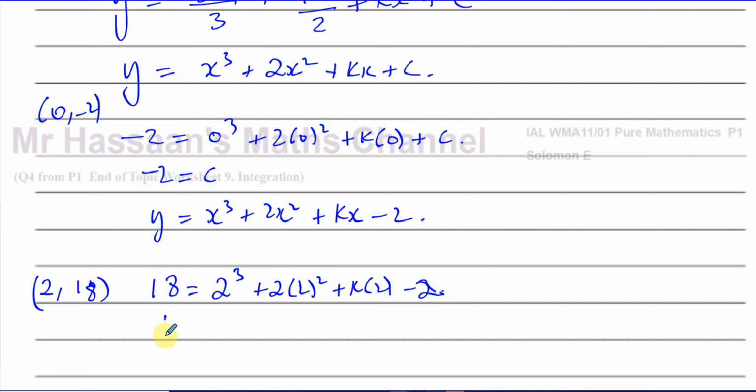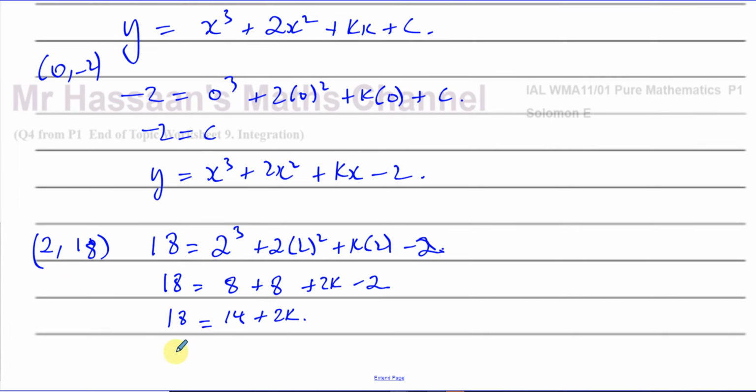So that's 18 equals 8 plus 2 times 4, which is also 8, plus 2k minus 2. So that's 16 minus 2, which is 14. So 18 is equal to 14 plus 2k. Subtract 14 from both sides. So you have 4 equals 2k. Therefore k is equal to 2, which we had to show.